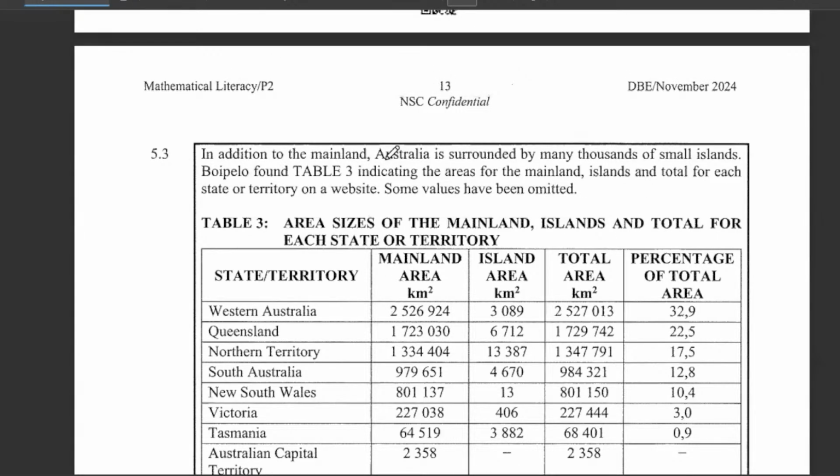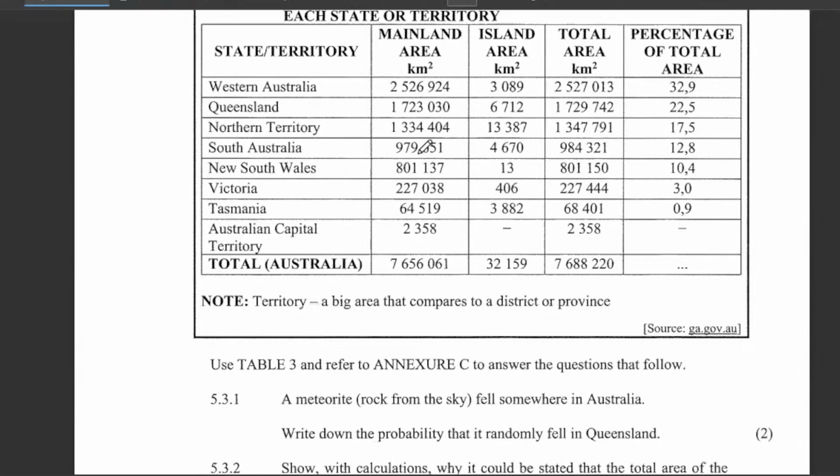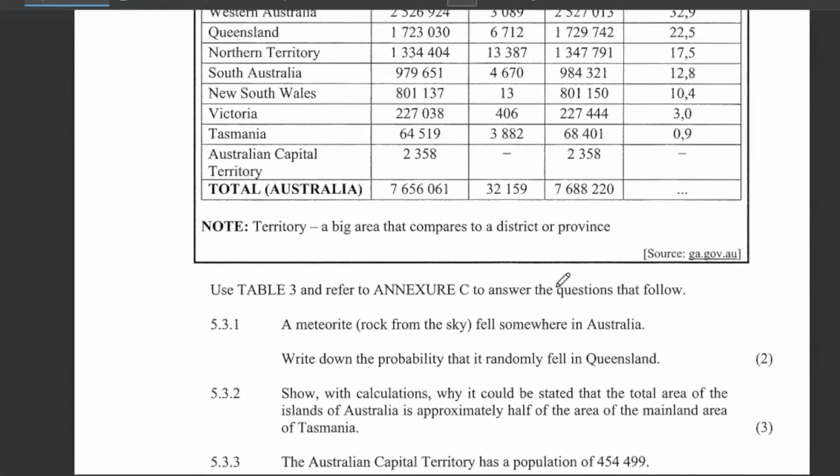5.3, it says, in addition to the mainland, Australia is surrounded by many thousands of small islands. Okay. All right. Here we are asked, a rock from the sky fell somewhere in Australia. Write down the probability that it randomly fell in Queensland.